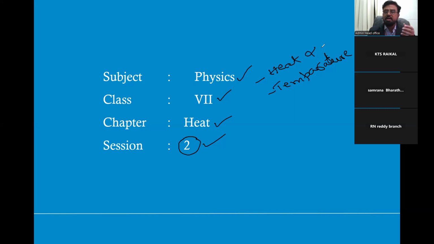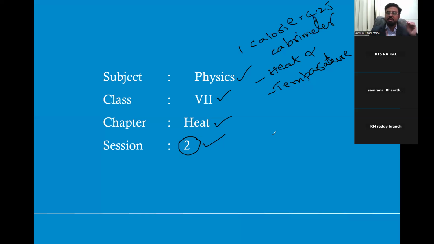Heat is measured by calorimetry, using a device called a calorimeter, which we'll come across later. Because it is a form of energy, heat is measured in joule, erg, or simply calorie. Also, 1 calorie is equal to 4.2 joule.